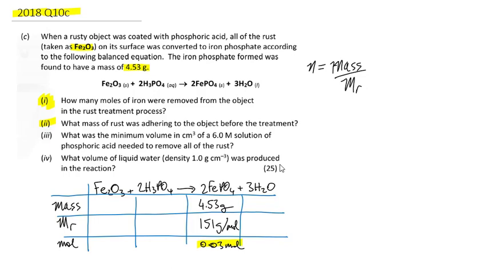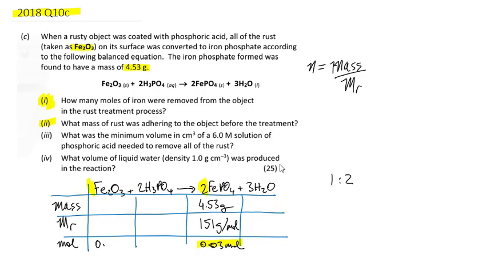We can see that there's a coefficient of 2 here, and there's nothing here, so by convention that's 1. So what we've got is a 1 to 2 ratio. So we'd have half the number of moles of rust, iron oxide, as we would of iron phosphate.